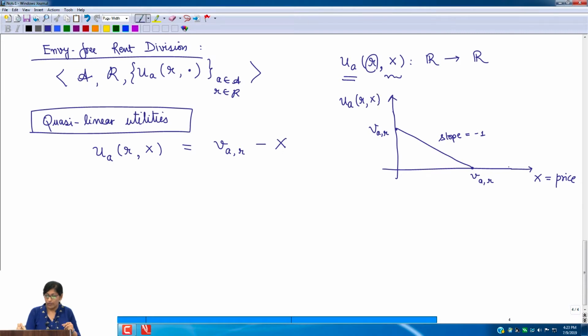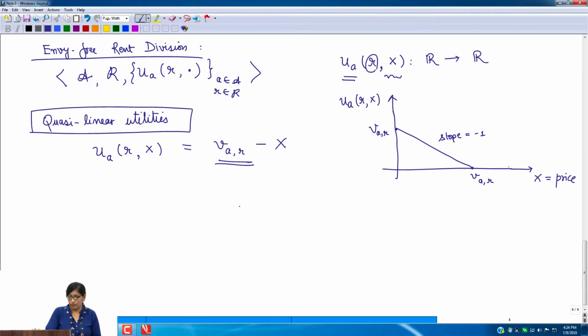So it's a quasi-linear utility model where you have some base value for a particular room, and this base value might change with distinct rooms. You just subtract the price you are paying for that room, and that is your utility from that room at that price.